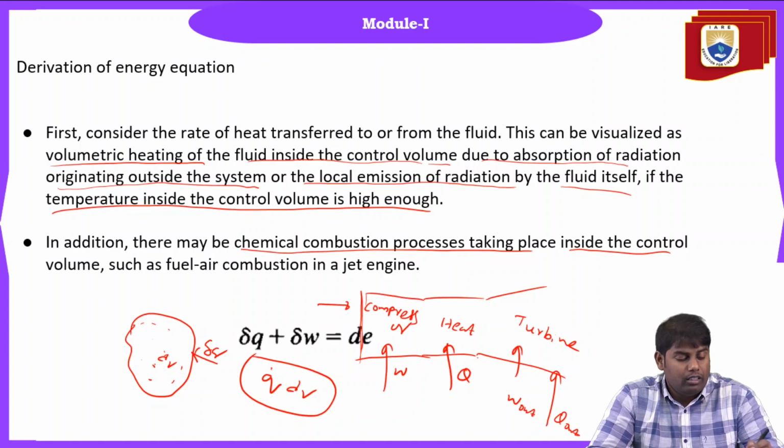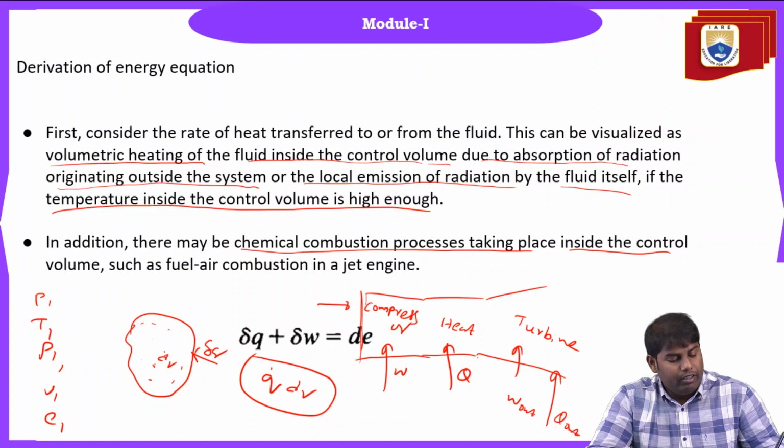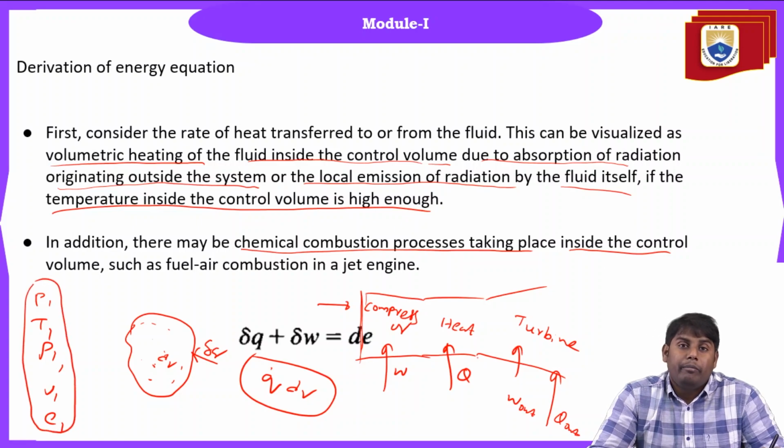When it is entering the inlet, there is a change in pressure, a change in temperature, a change in velocity. What are the thermodynamic variables? P1, let's say T1, rho1, V1, E1. When they change from one point to another, it means the state has changed.